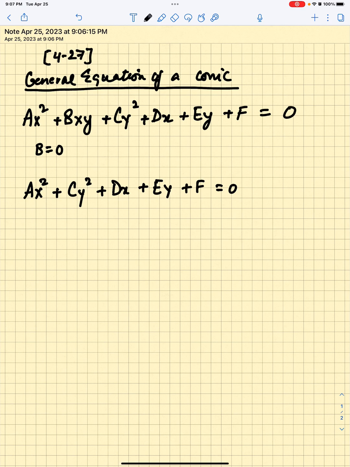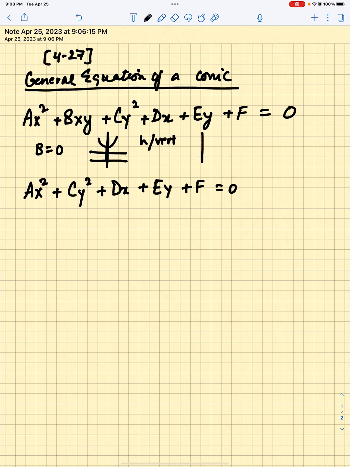Now what does this bxy term actually do? When b is 0, all the conics that we have seen have axes that are horizontal or vertical. If it's a parabola, the axis and the directrix are all horizontal or vertical.